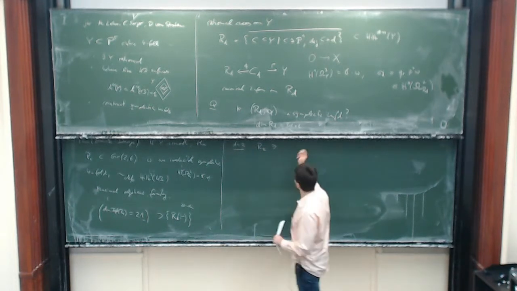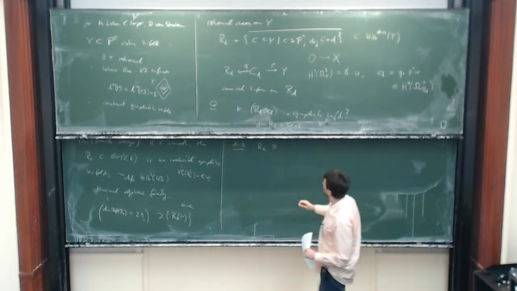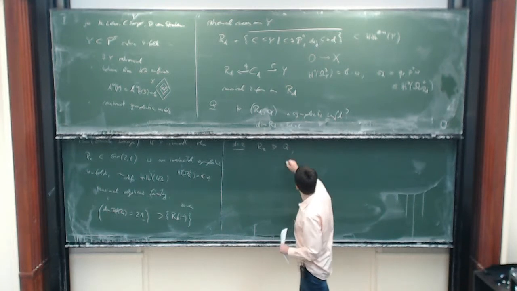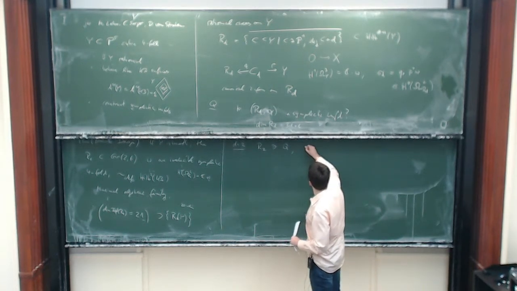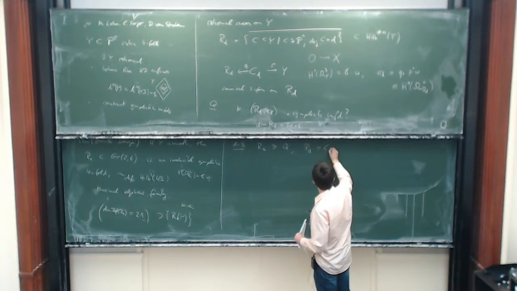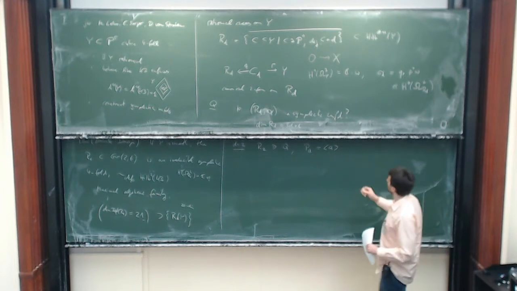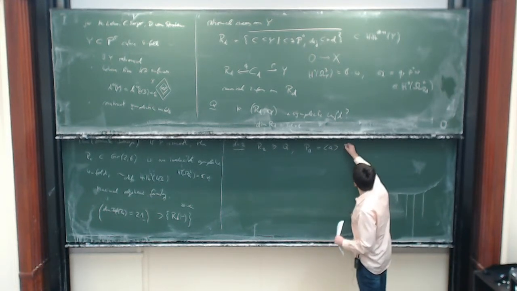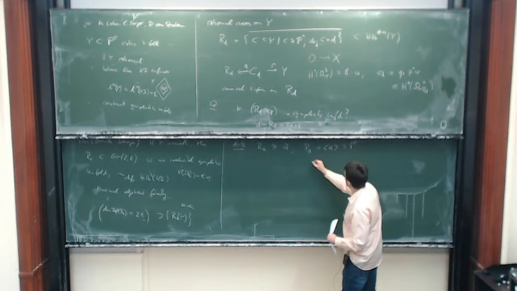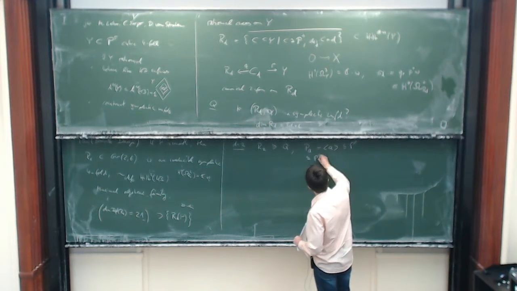So if you take a general element of R_2, which would be a conic Q, this means that if I look at the projective space which is generated by this Q in P5, this will be isomorphic to P2.